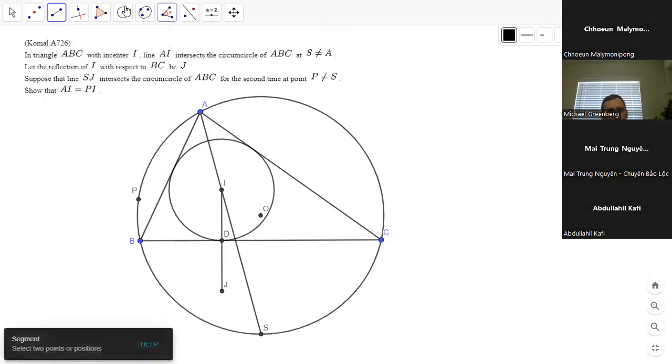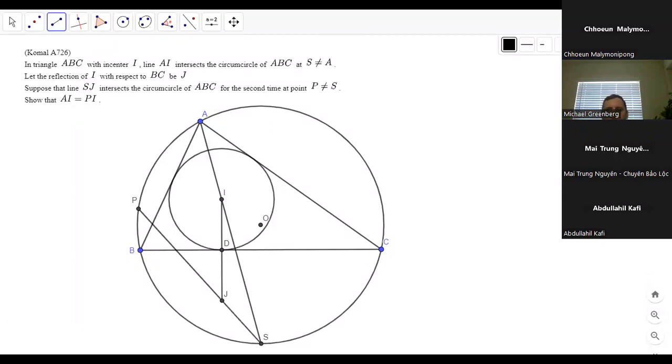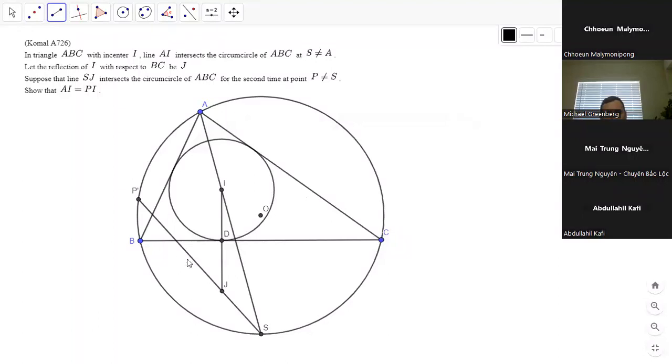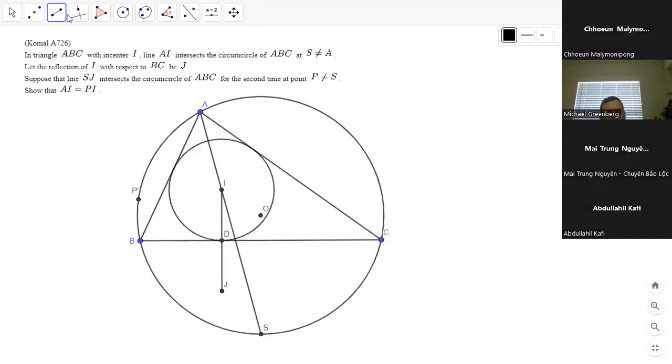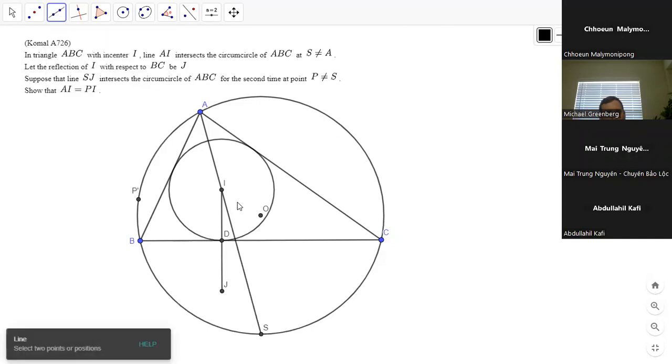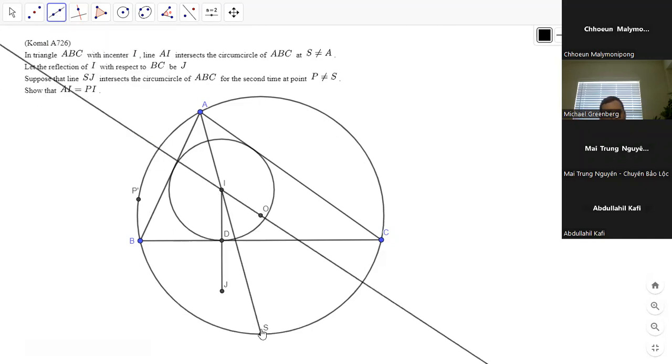And then we could show that P prime equals P. Yeah, we could call this P prime. So if you reflect A over OI, then we want to show SJ passes through it.